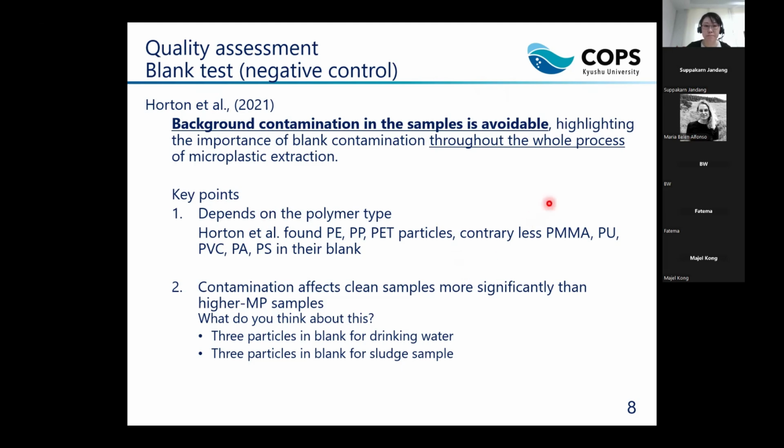According to them, the key points of background contamination checking are: number one, it depends on the polymer type. It means the background contamination has a dependency on the polymer type. For example, in their experiment, polyethylene, polypropylene, and PET particles were found in their background.